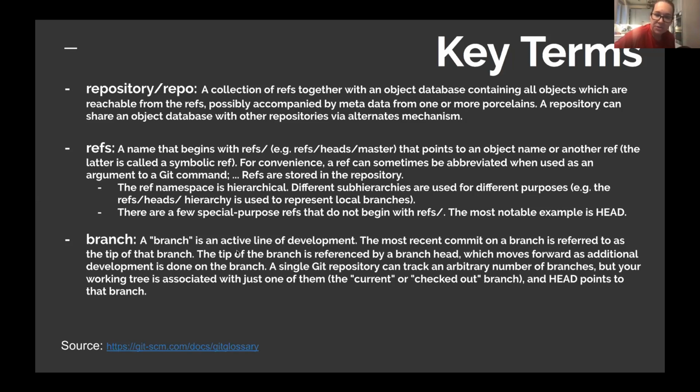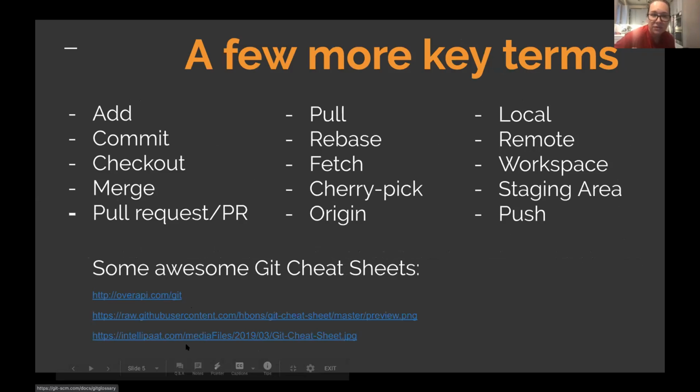And then the branch, the active line of development. If we think of the master branch as the tree trunk, anytime we create something from that, that's called a branch. Without getting too techie and overwhelming everyone, there is a link there to a glossary of all the terms if you would like to know.